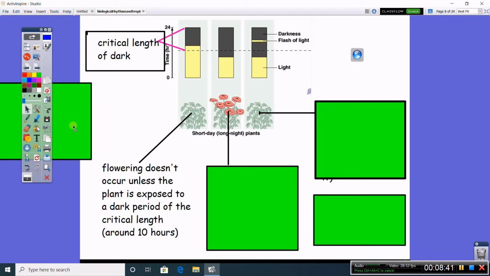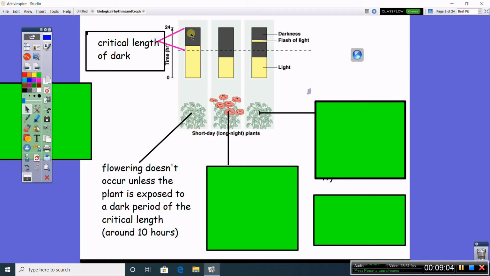Okay, so we are just captioning each of these pictures. Here we don't see any flowers, so we'll say that flowering doesn't occur unless the plant is exposed to a dark period of at least the critical length, which for most of your long night plants is about 10 hours.